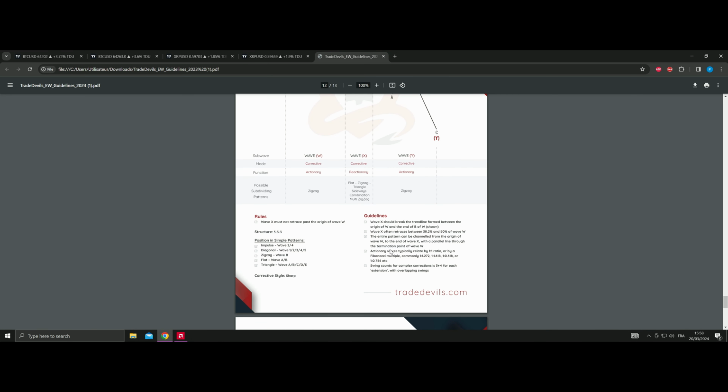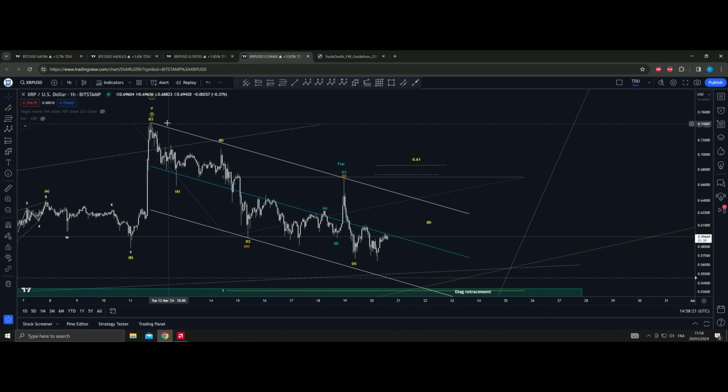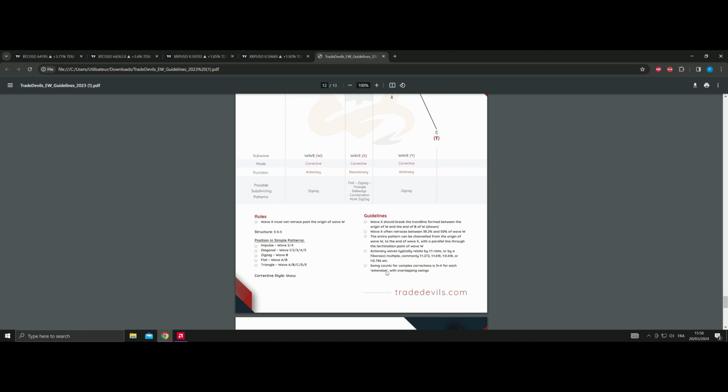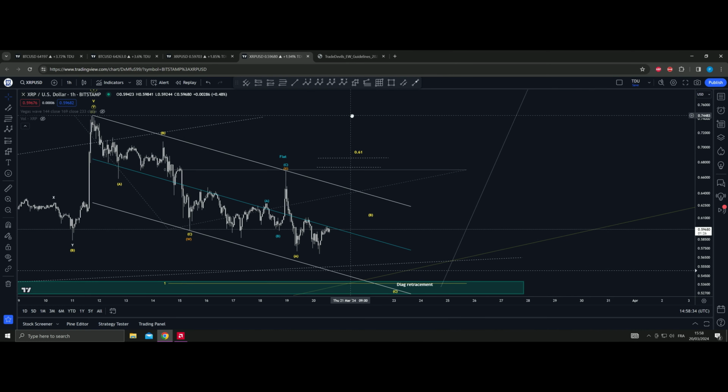Another guideline would be the entire pattern can be channeled from the origin of W to the end of the wave X. So this is what I did right now, and drop to the W. Actionary waves typically relate one-to-one or another multiples of Fibonacci, and that means this.